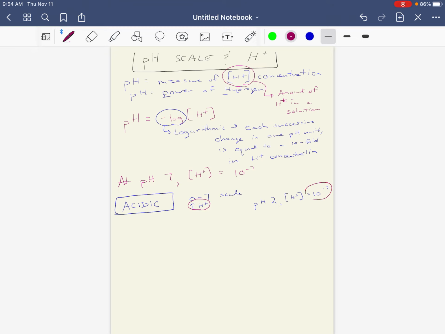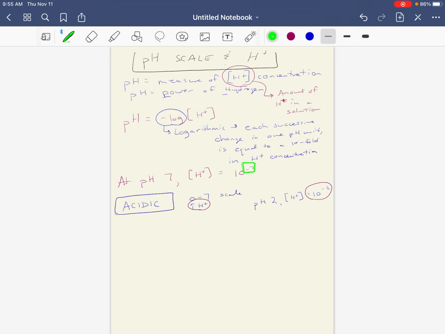When we have more hydrogen, this value is less negative compared to our neutral. Neutral had a hydrogen concentration equal to 10 to the negative 7.